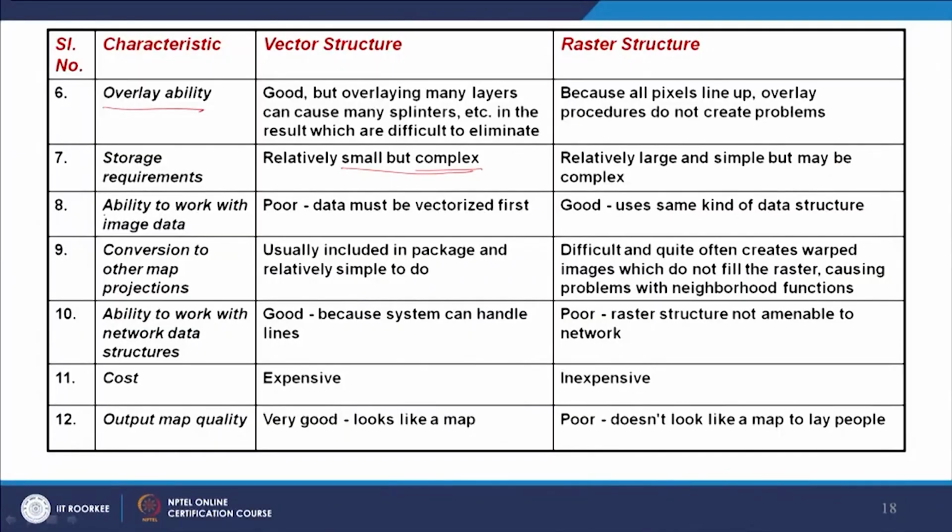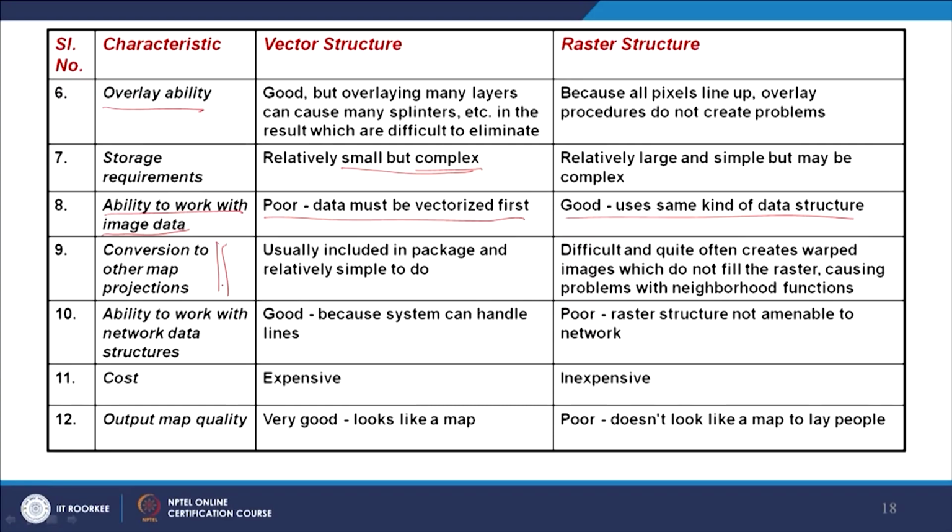Now, ability to work with image data. Of course, an image is one type of raster, so raster is fully compatible, but in case of vector it is very poor. Conversion to other map projections: as you know, each country has its own map projection, because everyone would like to represent their country in true shape and size.